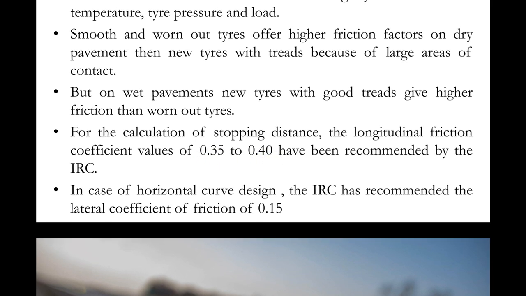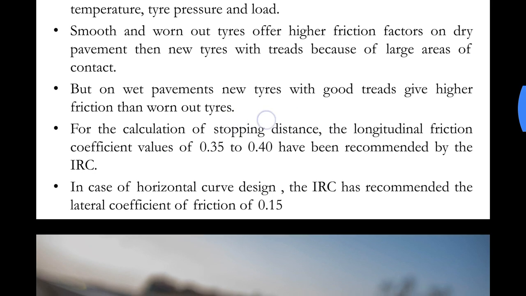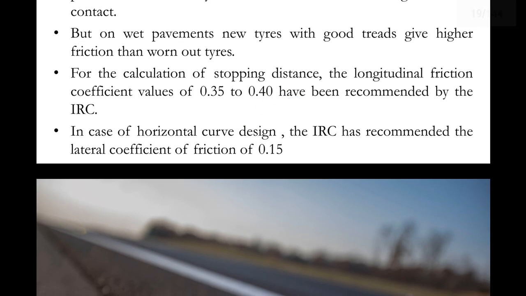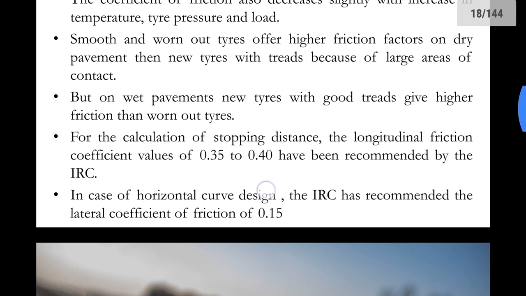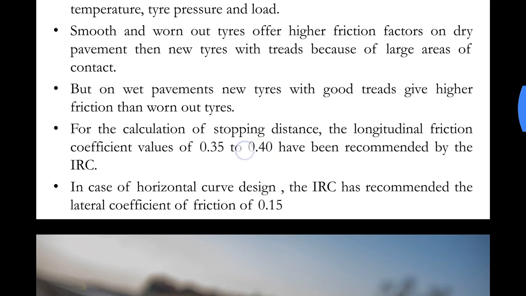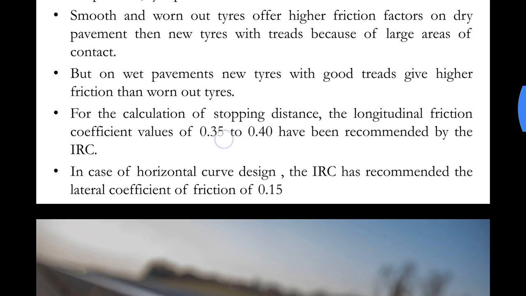So whenever we design stopping distance in my later lectures, we would use values of longitudinal friction coefficient varying from 0.35 to 0.4. Here for lower speeds the value would be high, and for higher speeds the value would be low.